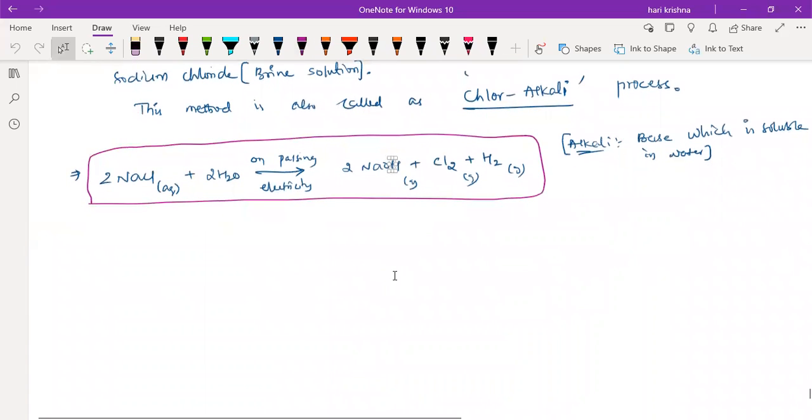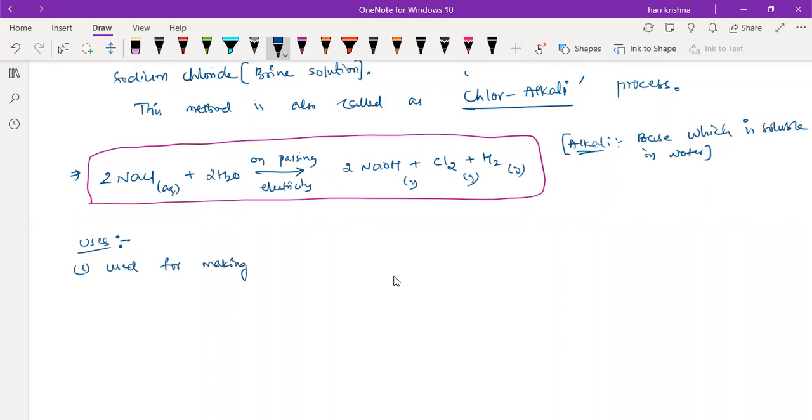The next one is the uses. What are the uses? You have to tell the answer now. What are the uses? Use it for making soaps and detergents. Next, for degreasing metals.